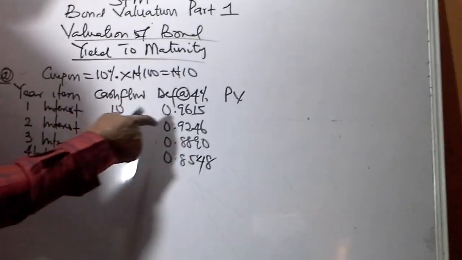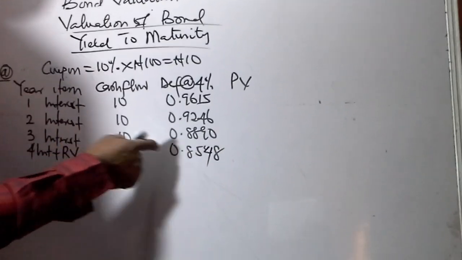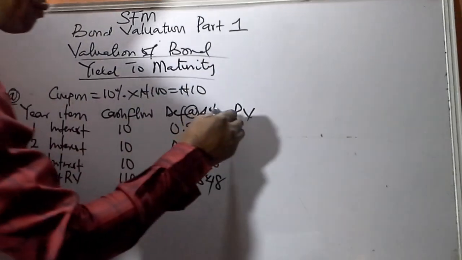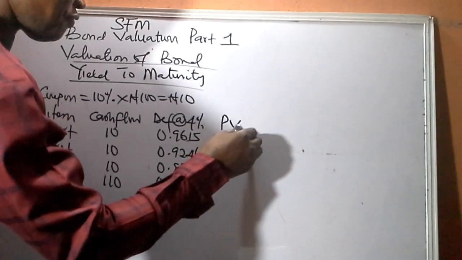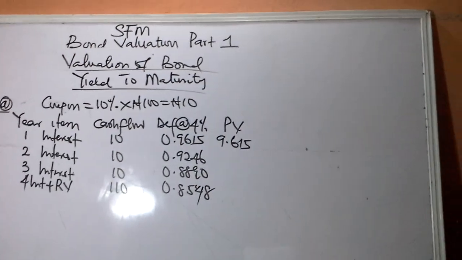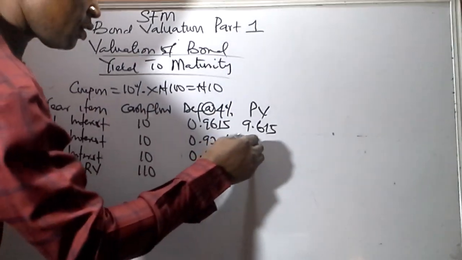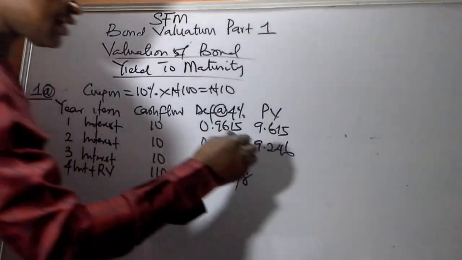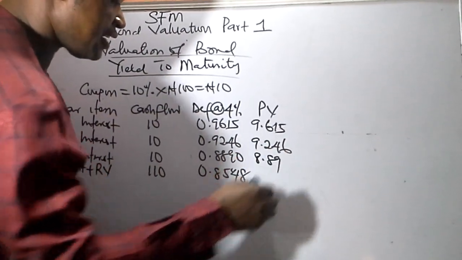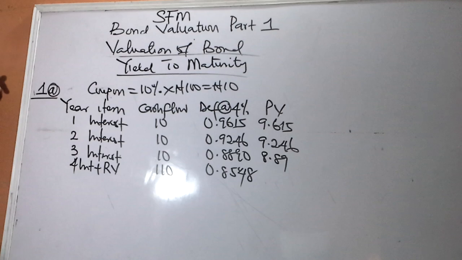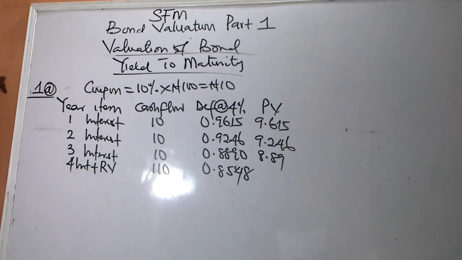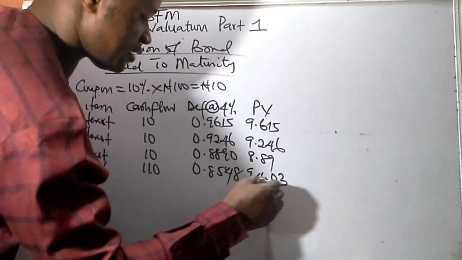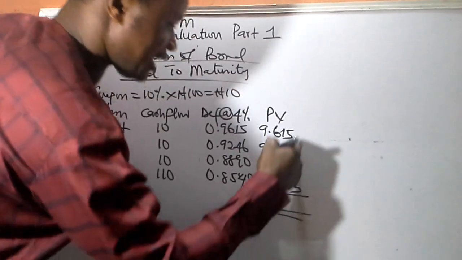This times this, this times this, this times this, you get the PV. So that is 9.615, then 9.246, then 8.89, and this times 110 you have 94.03. So you add these together.